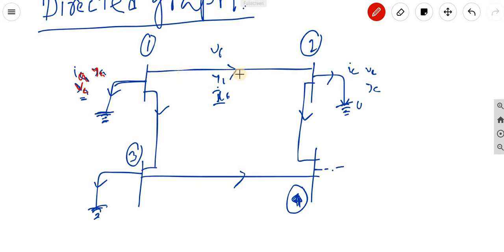For the next branch I am considering VB, YB and IB. This is the branch only, not the injection current, not the bus voltage. We are dealing only with branches.